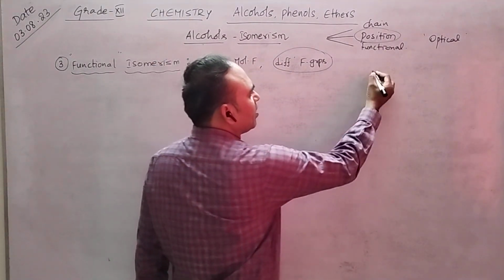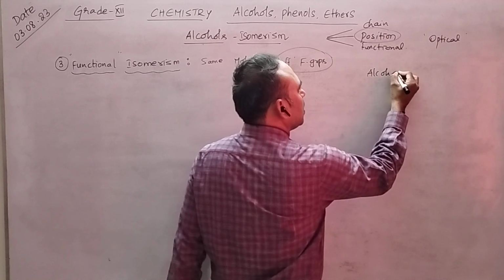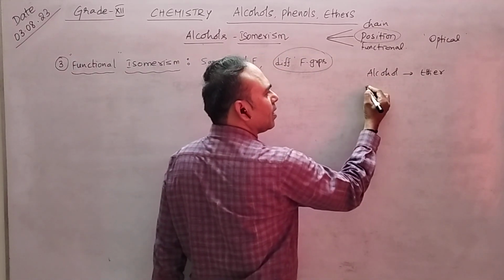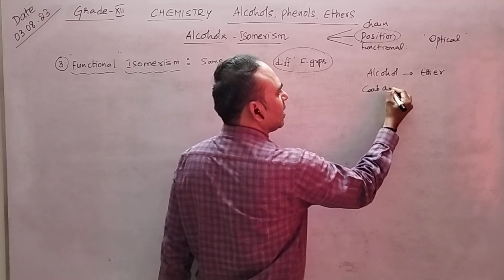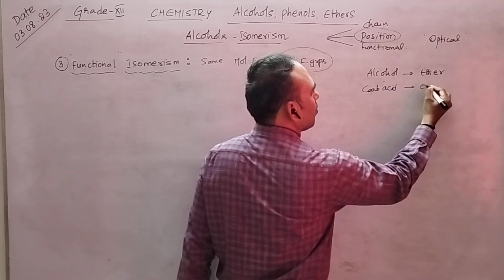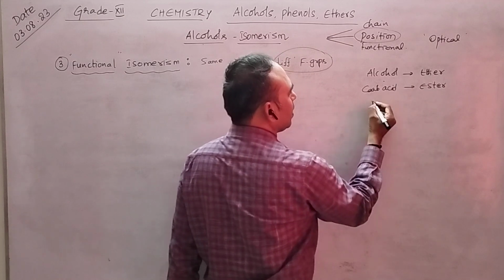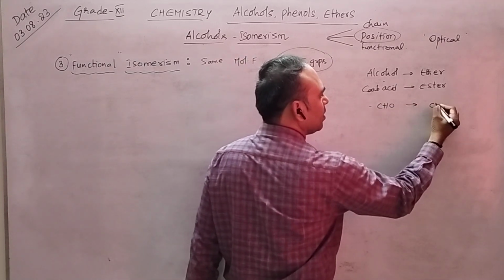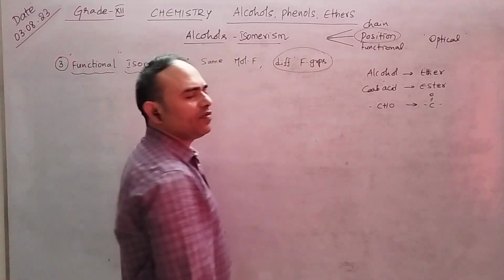See, we are aware of that. If there is an alcohol, its functional isomer will be ether. If you are having carboxylic acid, it is ester. If it is aldehyde, its functional isomer will be ketone. This already we have discussed.